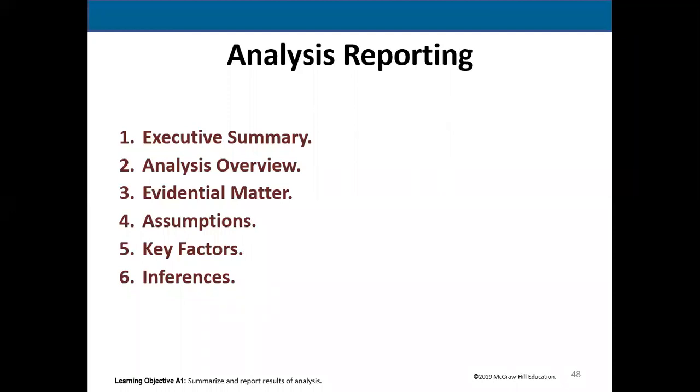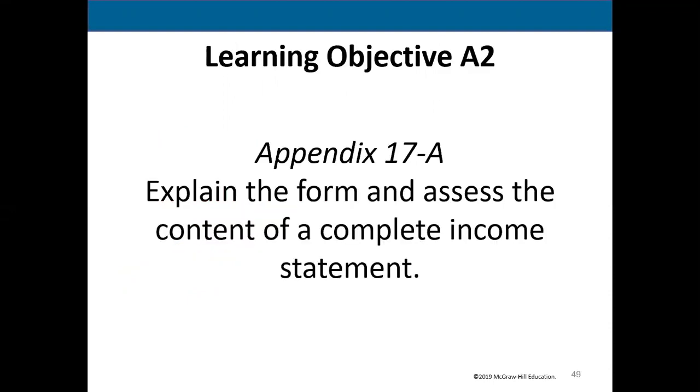We look at other evidential matter that may give us information about the company. We look at assumptions, key factors, and even inferences. And I'm not going into that. What does all of that mean? You have to look at everything. And depending on why we're analyzing the financial statements, we will focus more on one thing over another.